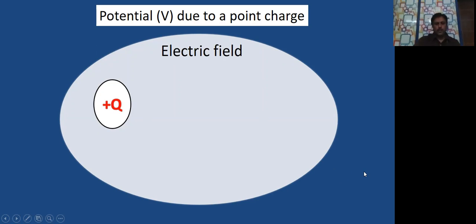In that electric field I am considering a point, the point is P. My ultimate derivation is finding the potential at this point P. Remember, finally what I have to calculate is the potential at the point P.